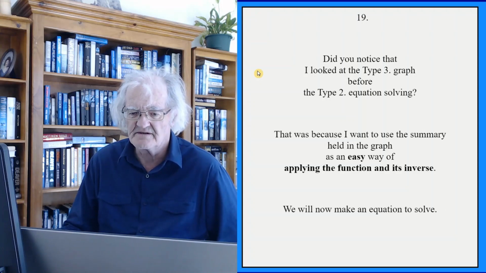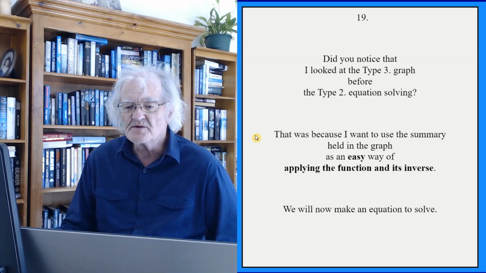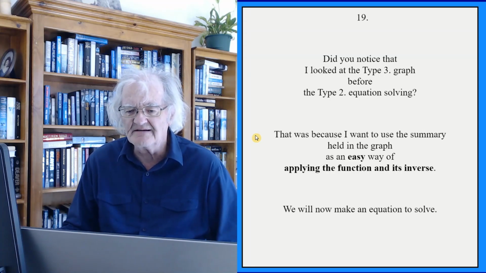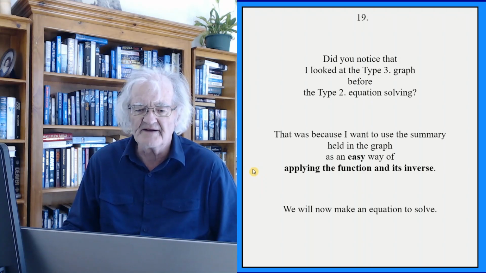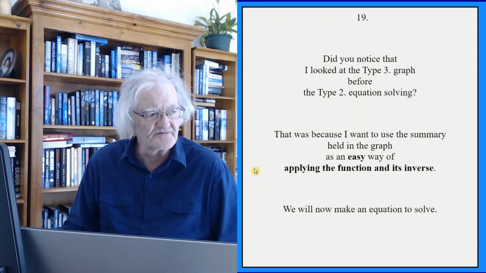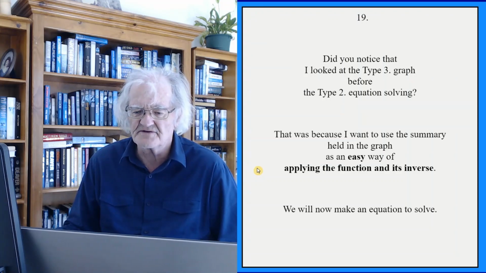I'm sure you did. That was because we want to use the summary held in the graph as an easy way of applying this function, process of change, and its inverse.